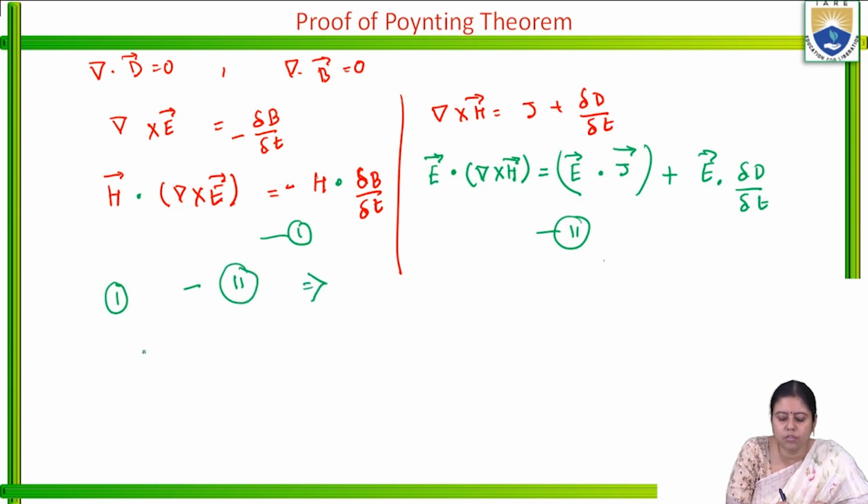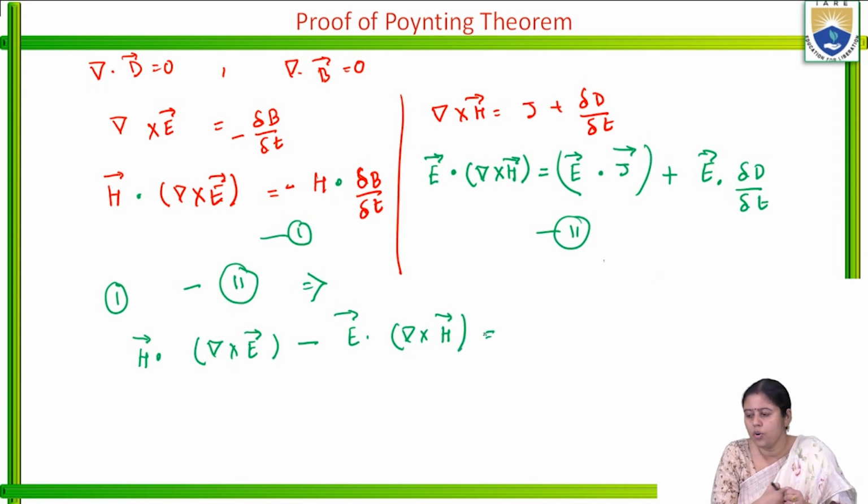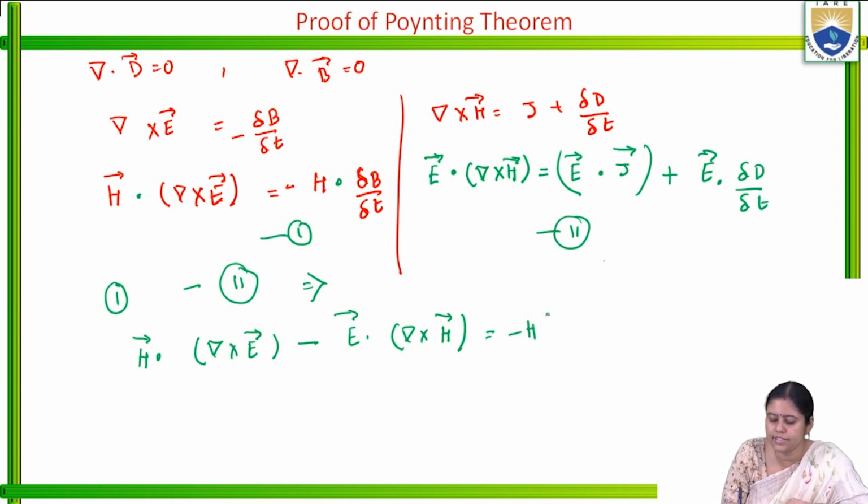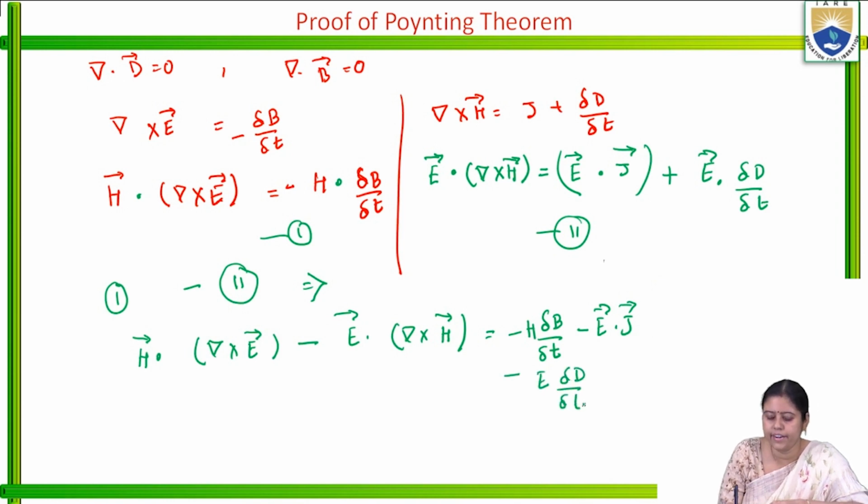If we do equation 1 minus equation 2, we will get H dot grad cross E minus E dot grad cross H is equal to what? We will get minus H del B by del T minus E dot J minus E del D by del T. So this is our new equation.